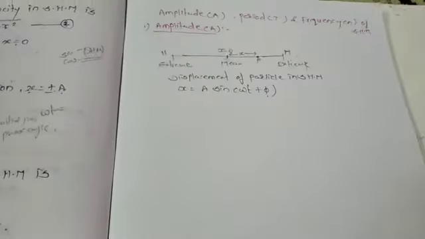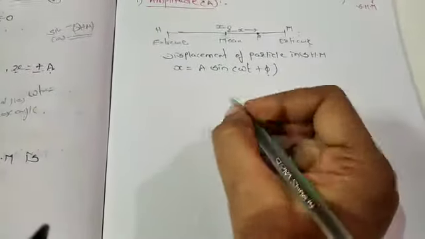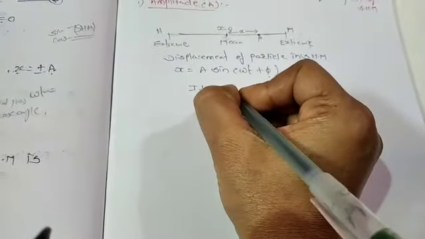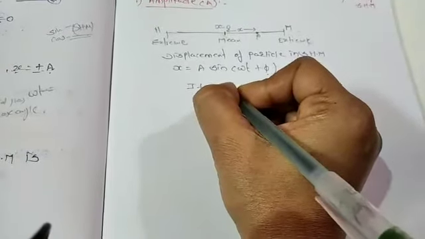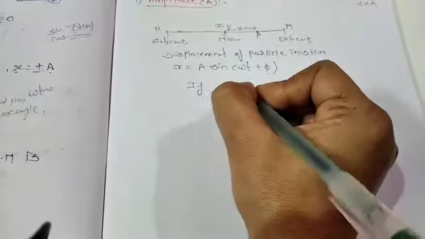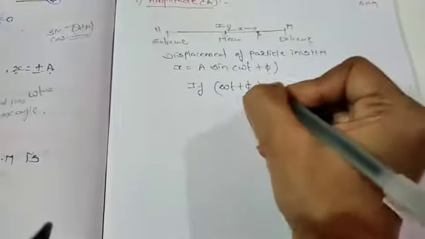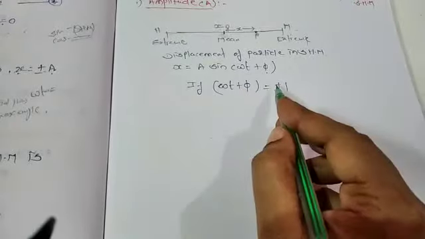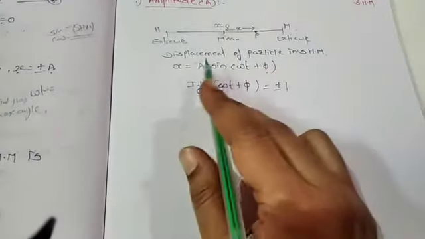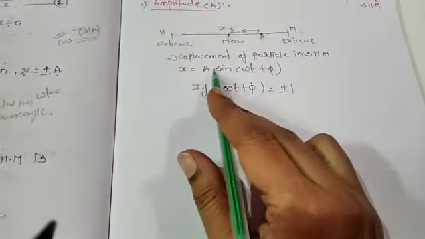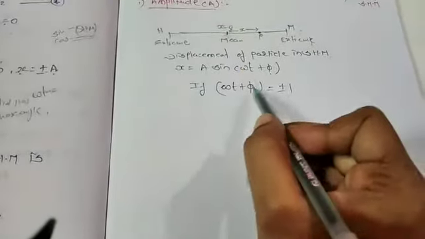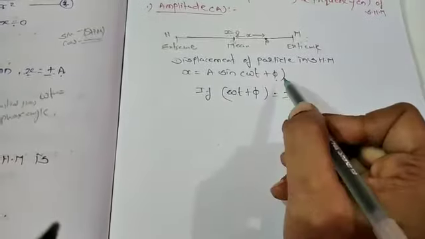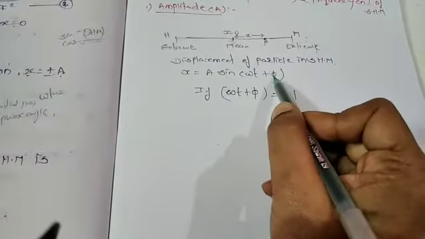If in this equation the term omega t plus phi becomes equal to plus or minus 1, that is, if sine of omega t plus phi is equal to 1, then we have X equal to A. This total omega t plus phi, as we know, is the phase angle, and phi is the initial phase.